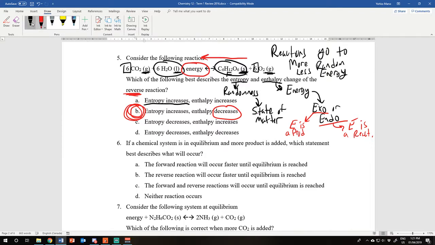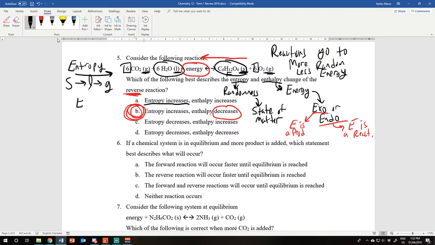So maybe I'll write that down here. We'll write both down, I guess. Entropy: solid, liquid, gas. Entropy increases this way.